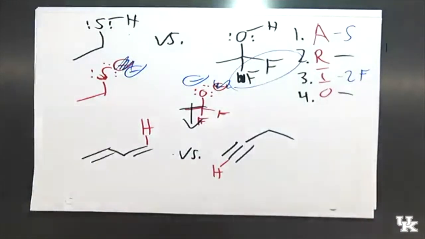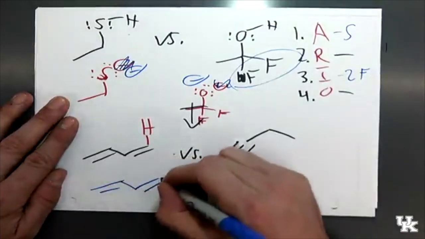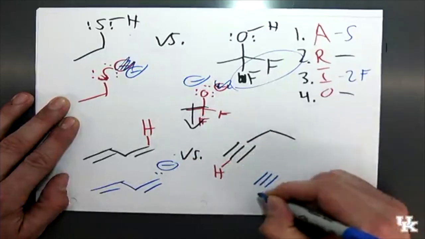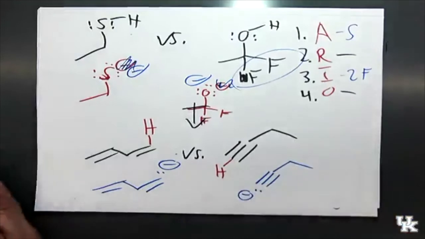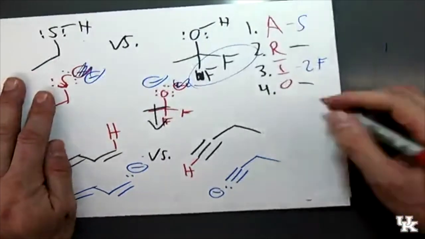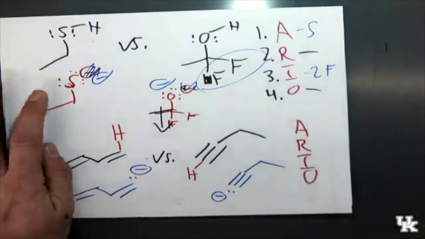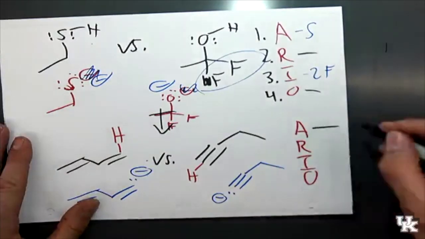All right, so we make our conjugate bases. Minuses are blue. And then we go through our A, R, I, O. All right, so atom. Are there any differences in atom? No, right? They're both carbons. So it's the same. Boom.